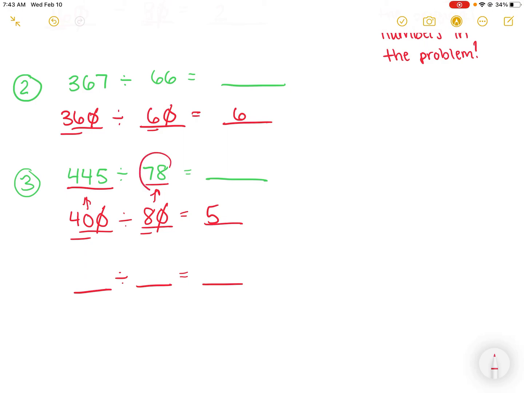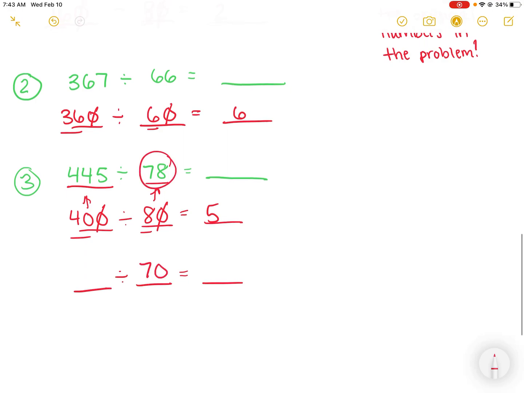So again, I'm going to look back at my 78 first, and this time I'm going to change it to 70. And now I'm going to look back at my 445, and I'm going to think to myself, let's count by 7s and see if I can find something close to 44. So we have 7, 14, 21, 28, 35, 42. 42 is a little bit closer to my last one, which was 40.